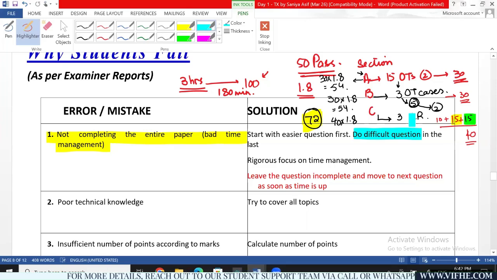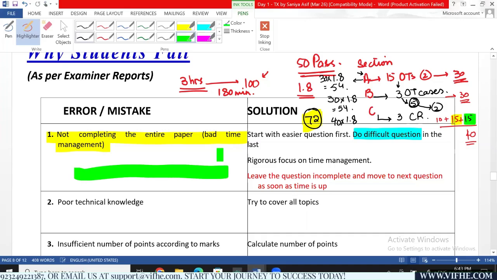By 15th of February, the maximum time limit I'm stating, everyone should be done with the syllabus coverage, and they should start revising the syllabus, as well as doing the practice. And practice should be done from the Kaplan kit.